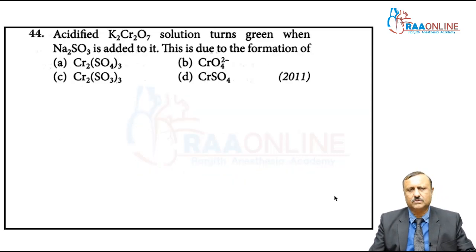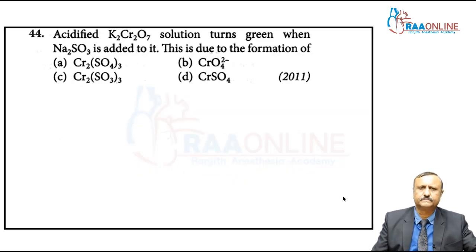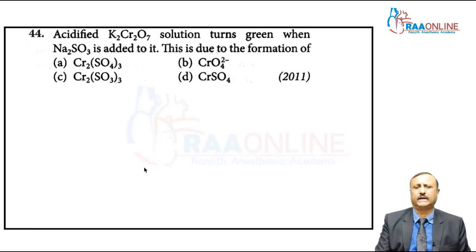Now, we can see the next question, question number 44. Here acidified K2Cr2O7 solution turns green when Na2SO3 is added to it. This is due to the formation of, my dear students, what is the reaction?